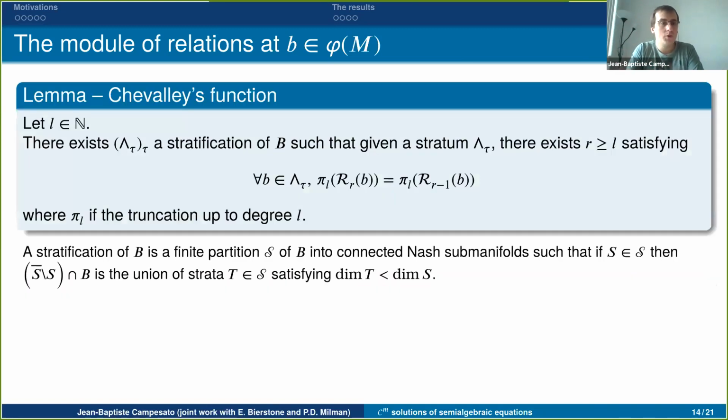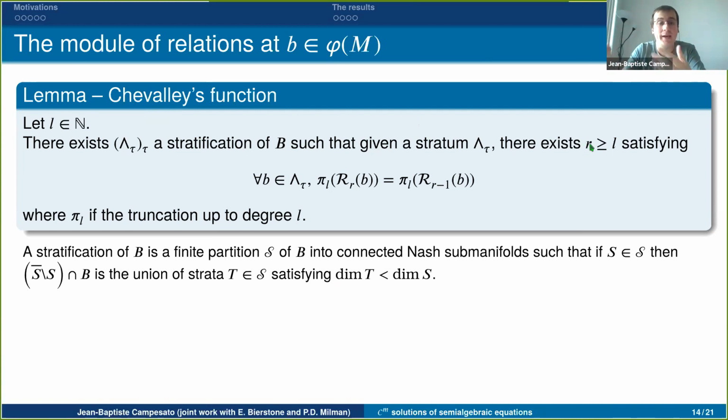So more formally, what we are going to prove is that when we fix an L, there exists a stratification of B. A stratification is a partition, but such that the strata glue in a very nice way, meaning that the boundary of a stratum is made of strata of lower dimension. And over each stratum, we will have this Chevalley function.